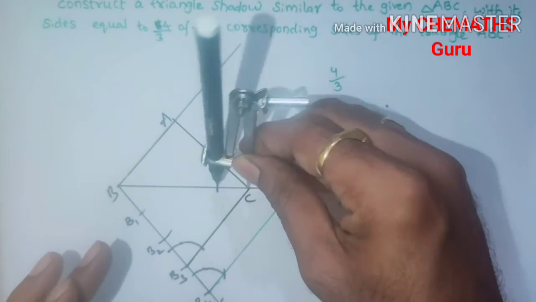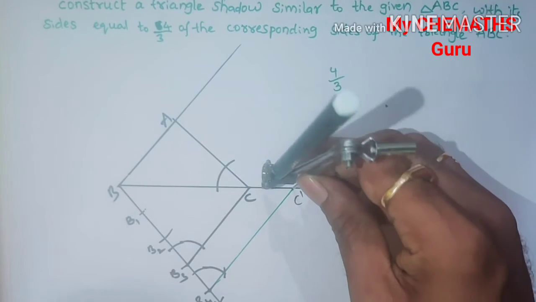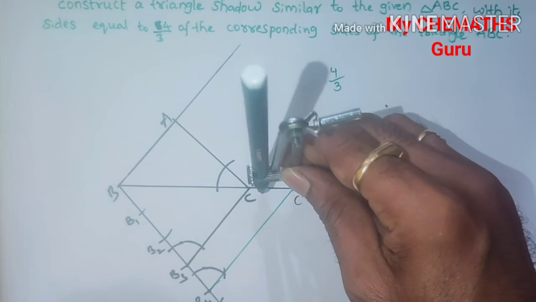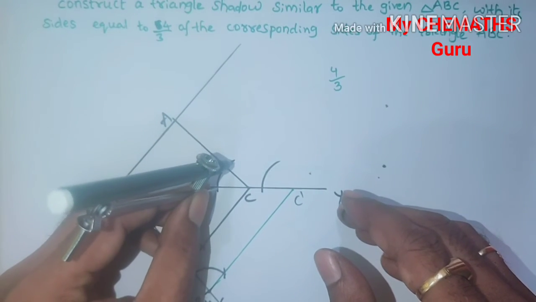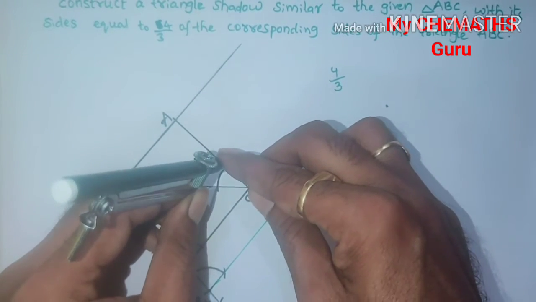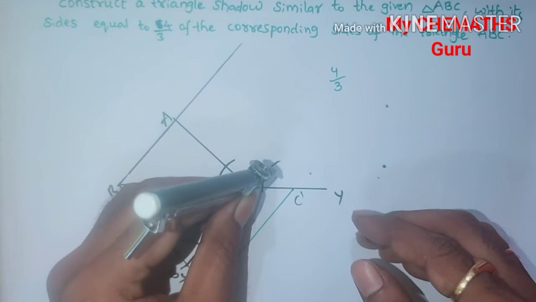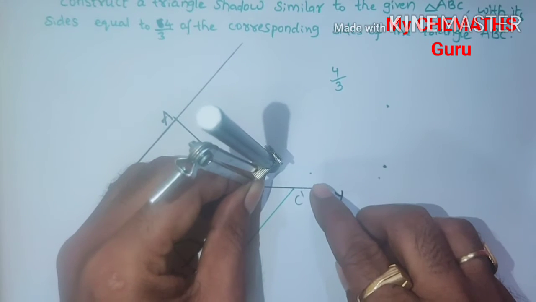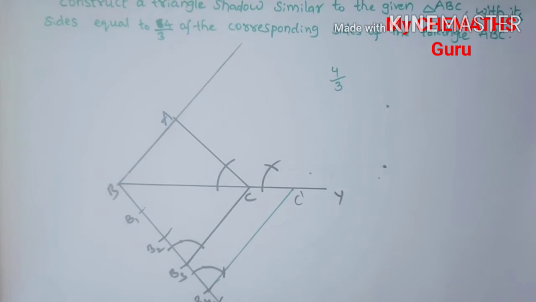So like this, I have drawn an arc with center C. Without changing its radius, with center C dash, I draw another arc, and I have to measure the length of this arc with the compass and intersect like this.